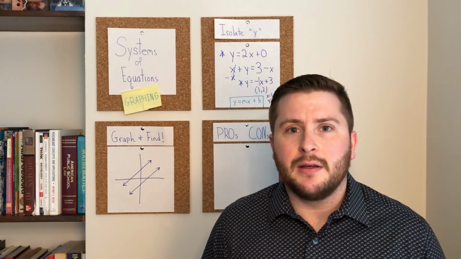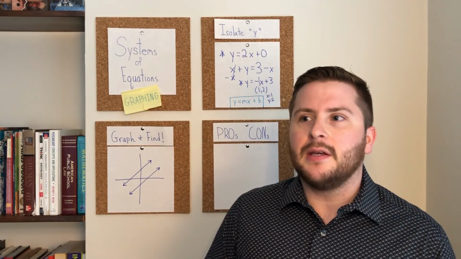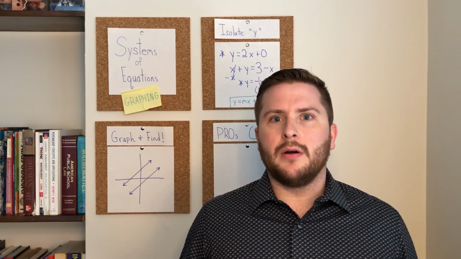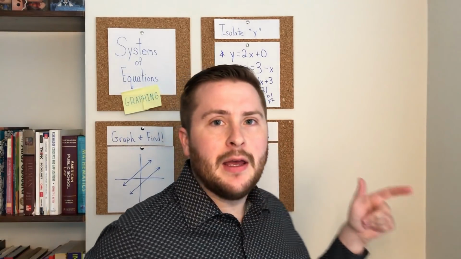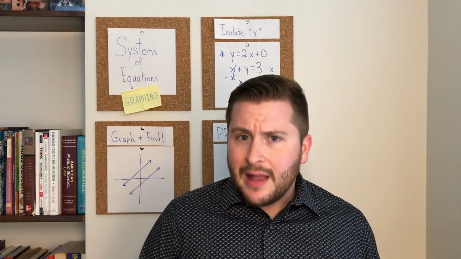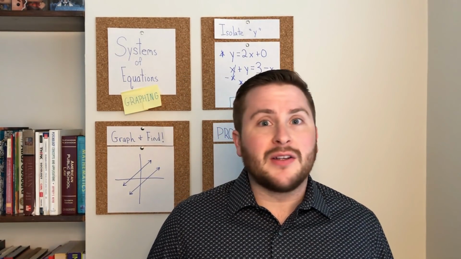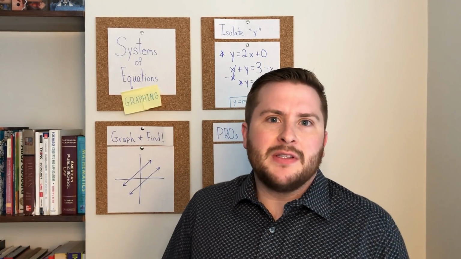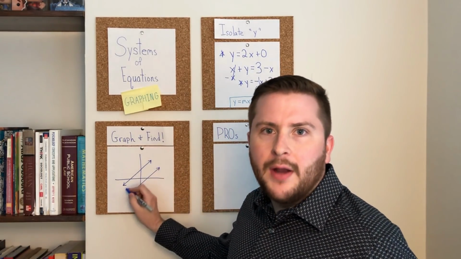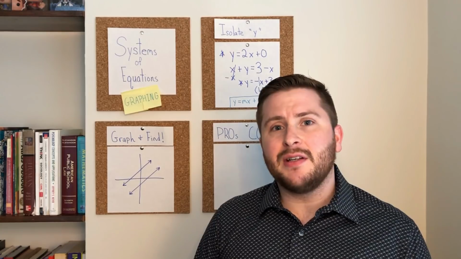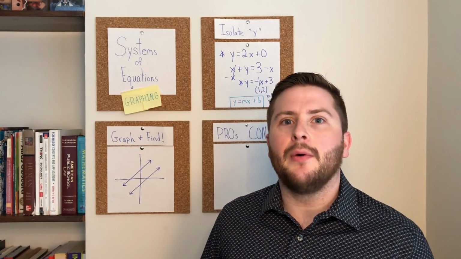The other one that you need to keep in mind is, let's say you were isolating the y and you realize both of the lines that you have are exactly the same. When that happens, if you were to graph the same line, you would graph one over the other, and that means that every single point on that line would satisfy both equations.